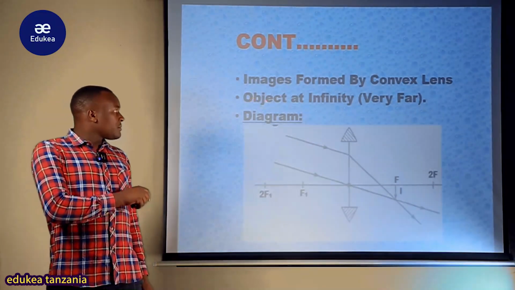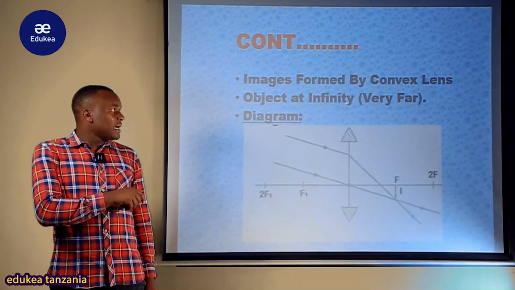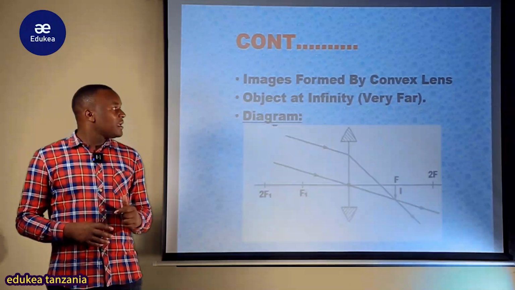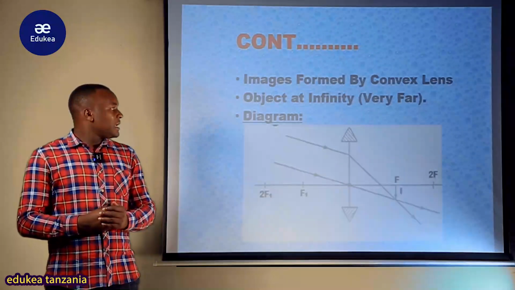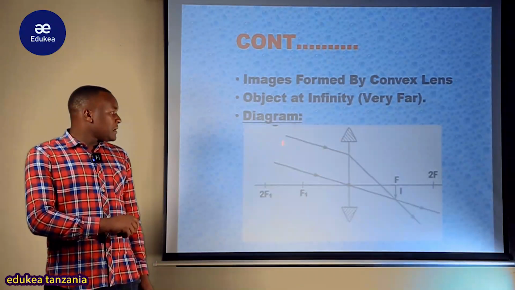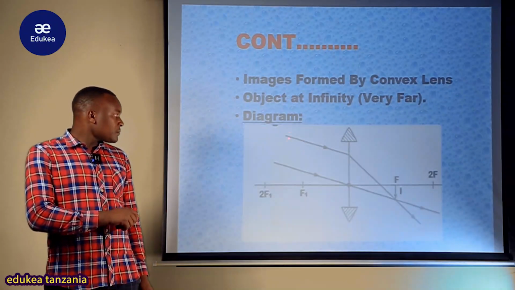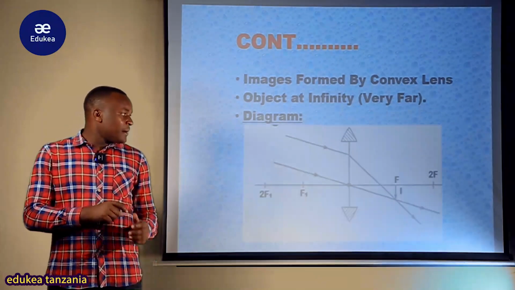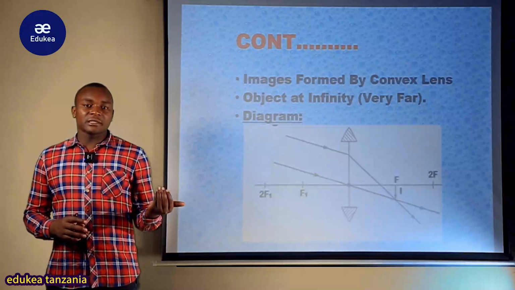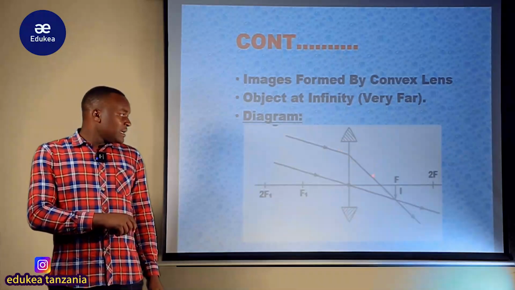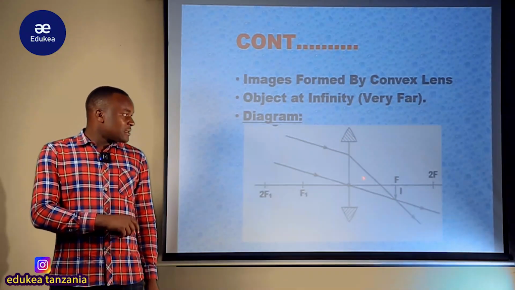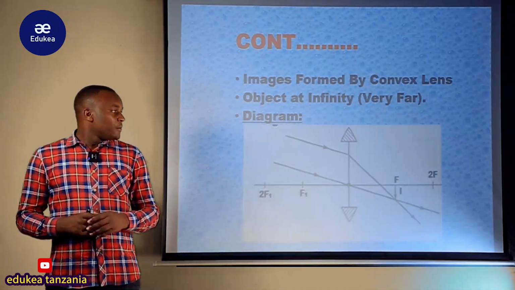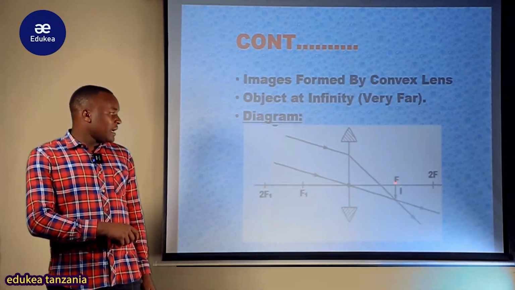So tukianza na position ya kwanza ambayo ni object at infinity. When you place your object at infinity, we say very far from the lens. Its diagram can be look like that, kwamba hii ni object ipo katika infinity, na tulisema kwamba ray inayotoka katika object ina be reflected inapokuwa imepita katika lens, ina be reflected kupitia principal focus kama inavyoonekana hapa.